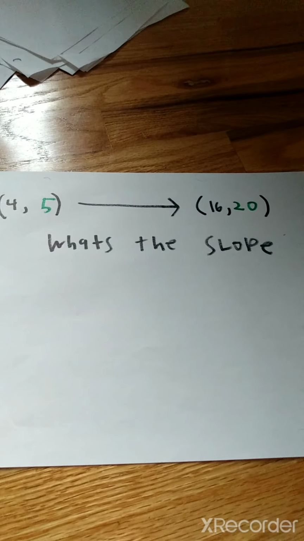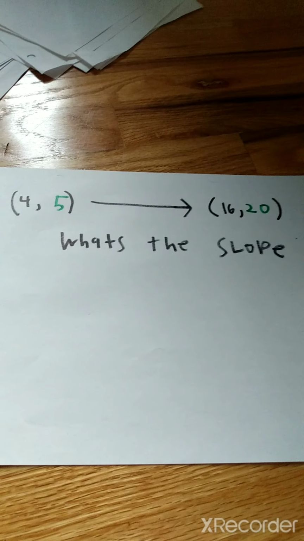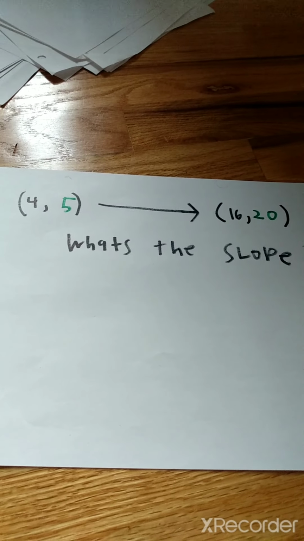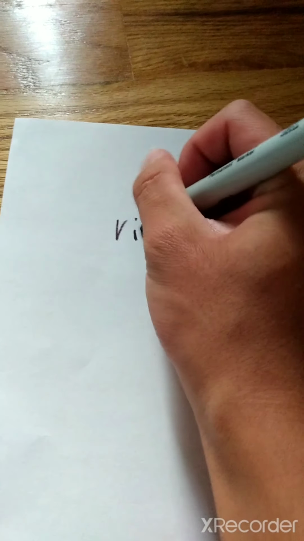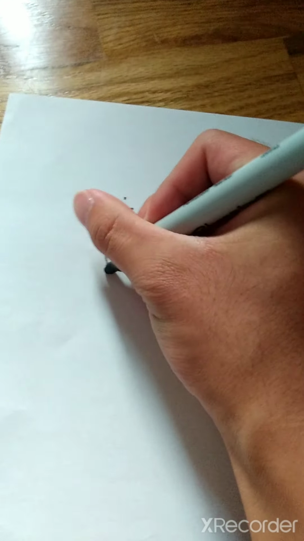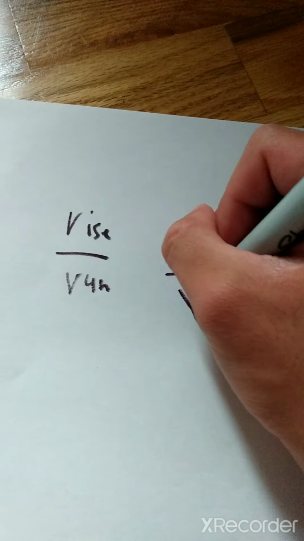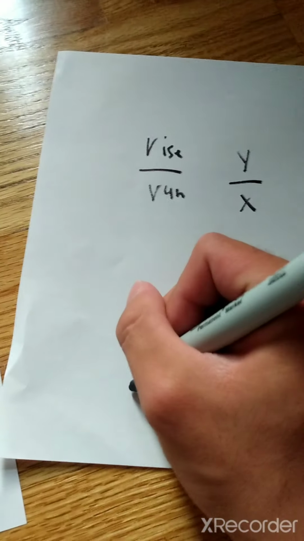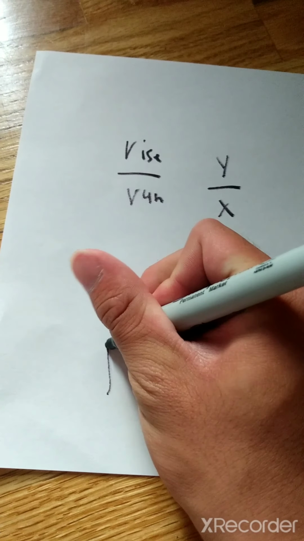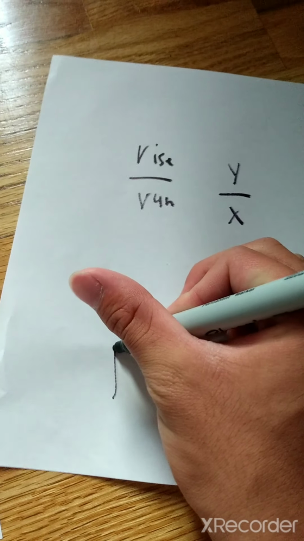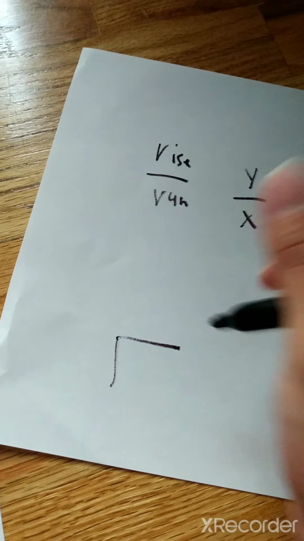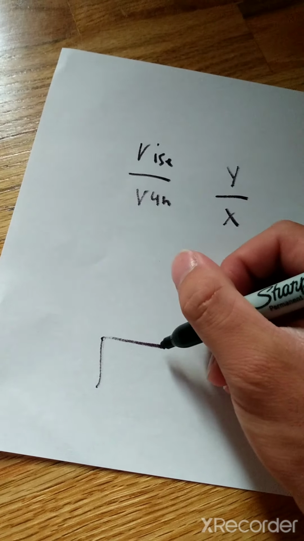To find the slope without a graph, there's a formula that we're going to be following. The formula for a slope is rise divided by run. That would be y divided by x, because the y wants us to go up, and the x wants us to run, or move in a horizontal line.